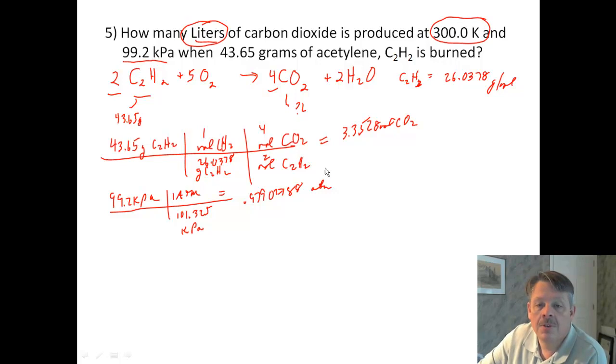So let's see if I have PV=nRT, and I'm trying to solve for volume. So volume is equal to nRT over P. So my number of moles is 3.3528 moles of CO2.